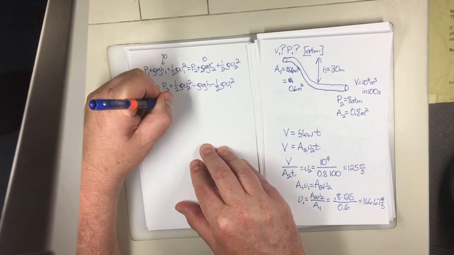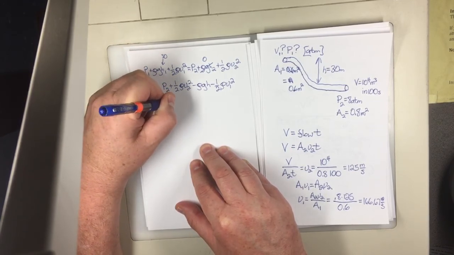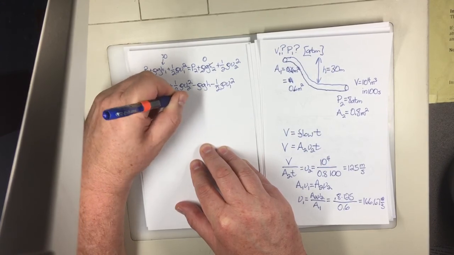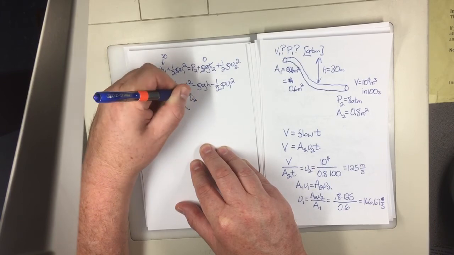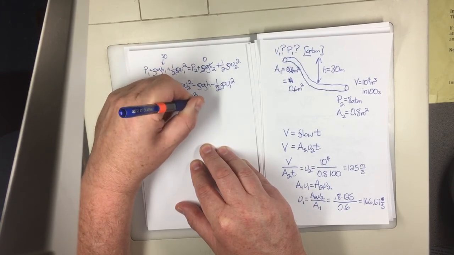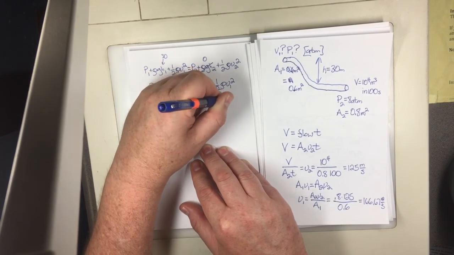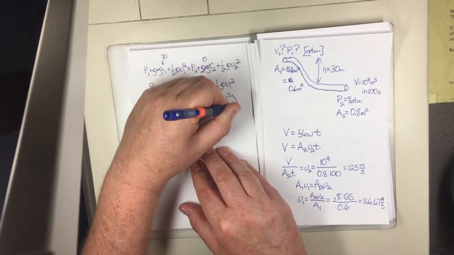So this gives you, I'm going to do an odd thing, factor out rho, V2 squared over 2 minus GH minus V1 squared over 2.